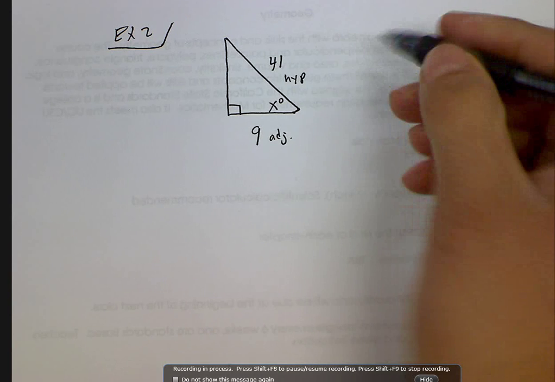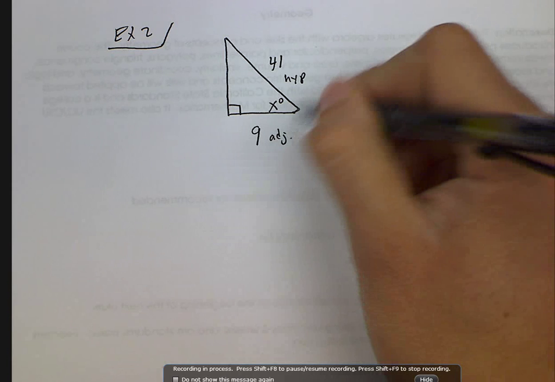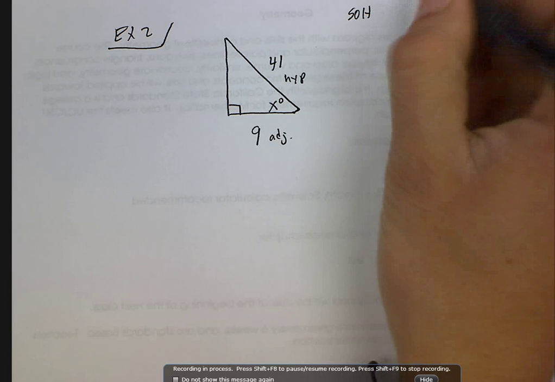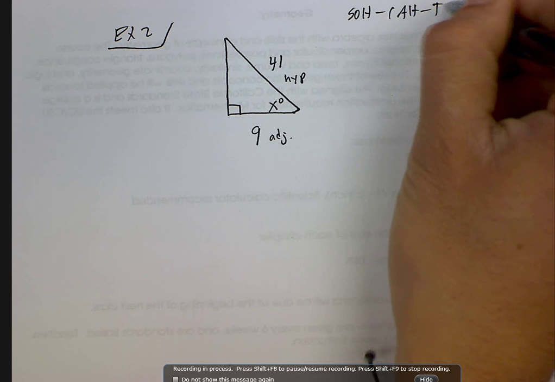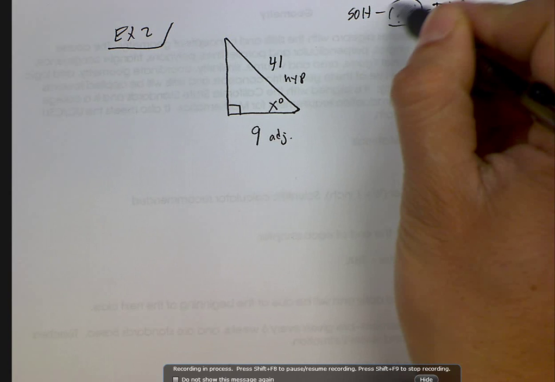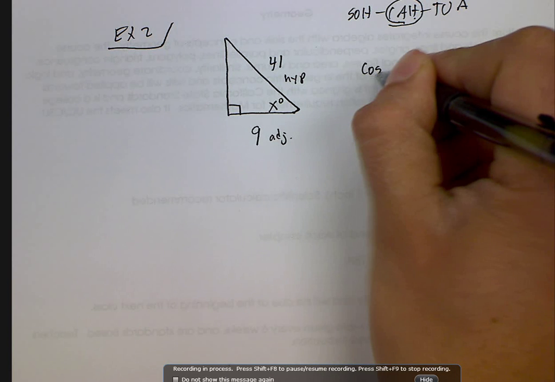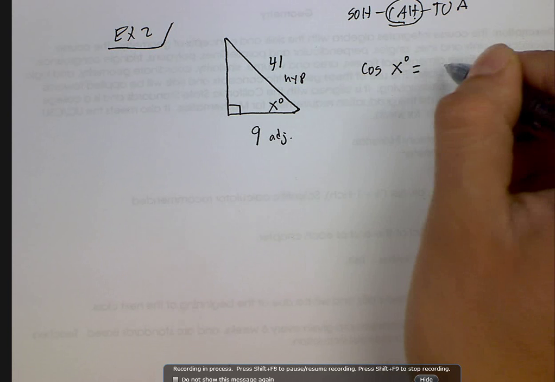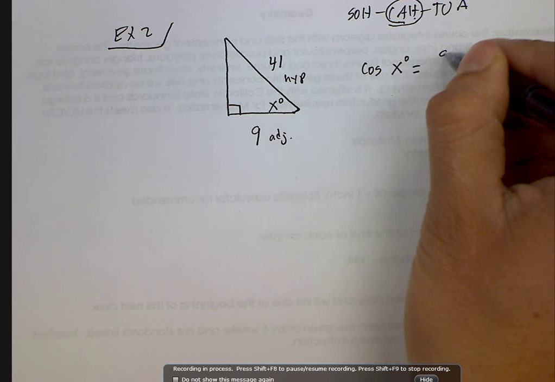So if we have the adjacent and the hypotenuse, that means I'm using cosine. So I do cosine of x degrees, because that's what we don't know, is equal to adjacent, which is 9 over 41.